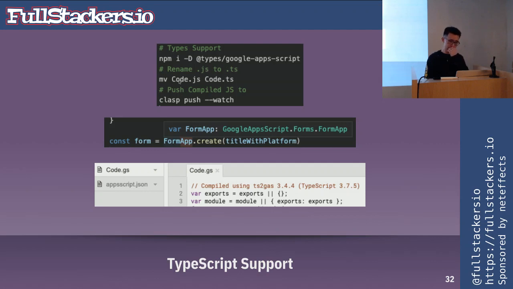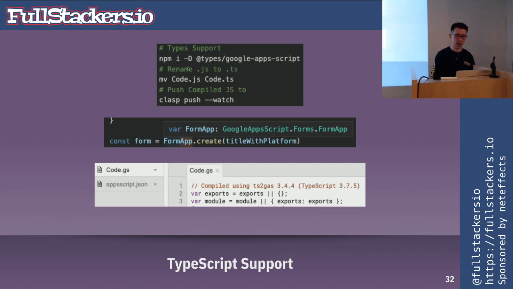Then if we change the file from JS to TS, when we mouse over any of the function calls, the API calls in there, we'll actually have the type support. So you're getting documentation right in the IDE. That makes it a lot easier and less error prone when you're developing.